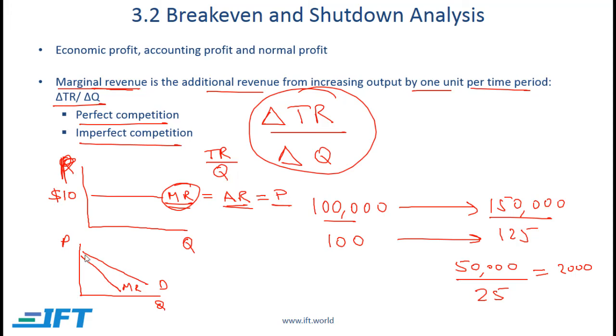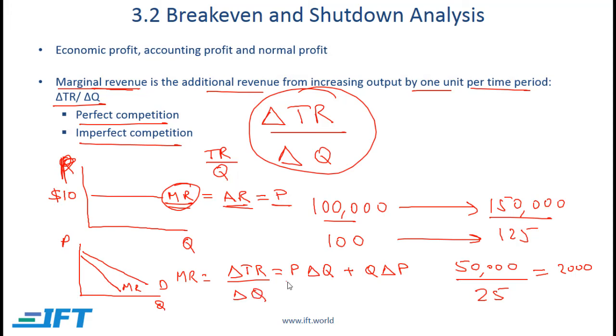In this sort of an environment, the change in total revenue is equal to price times change in quantity plus quantity times change in price. And we say that marginal revenue is equal to this divided by change in quantity.